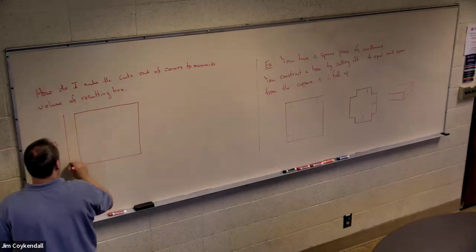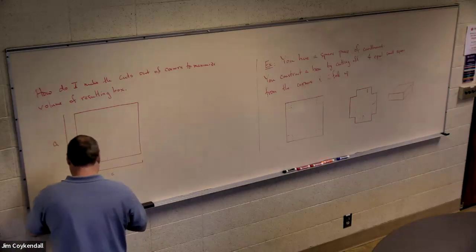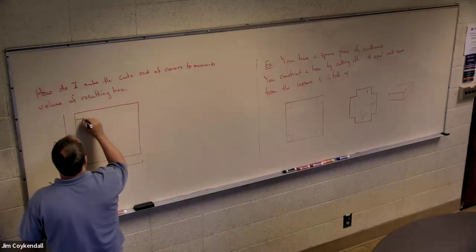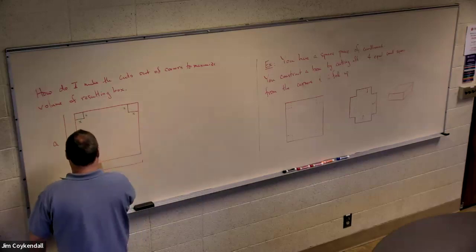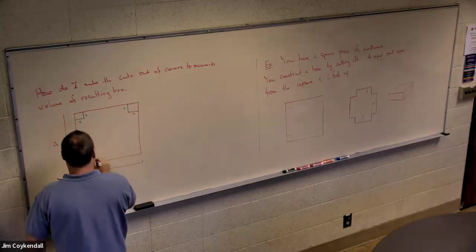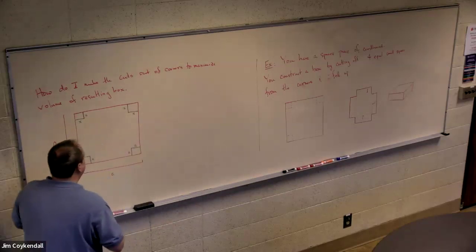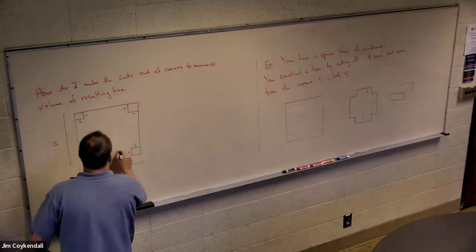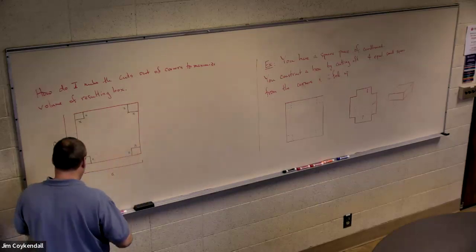Side length is A, that's going to be fixed. This is a square, and I cut four corners out of this. And you can see that you cut these corners out, and fold.